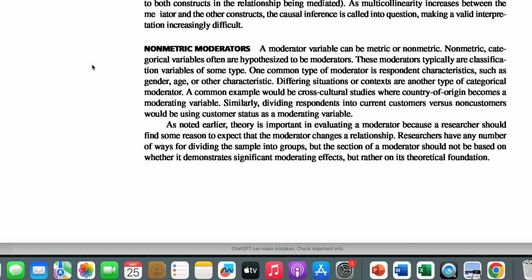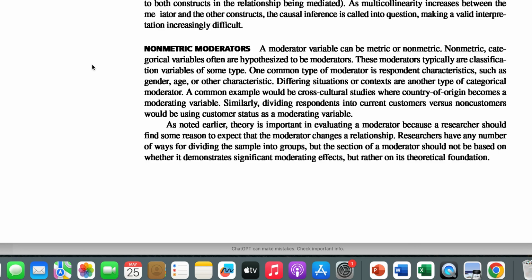Non-metric moderators. What are non-metric moderators? A moderator variable can be metric or non-metric. Metric and non-metric categorical variables often are hypothesized to be moderators. These moderators typically are classification variables of some type.